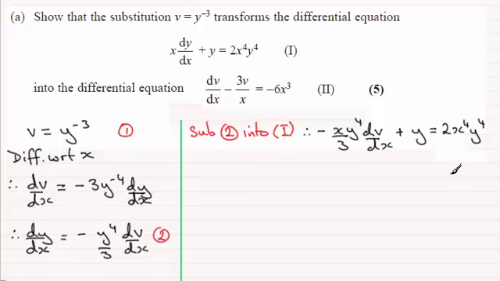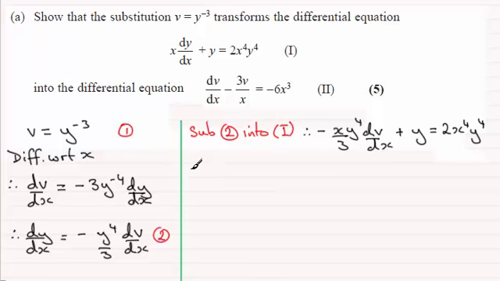Now, what I notice then is we've got, as I say, these y's in. We don't want any y's. The only way we're going to be able to access the y's is through equation 1 with y to the power minus 3. So if I was to divide through by y to the power 4, obviously it would go from here and here, and it will leave me with y to the minus 3.